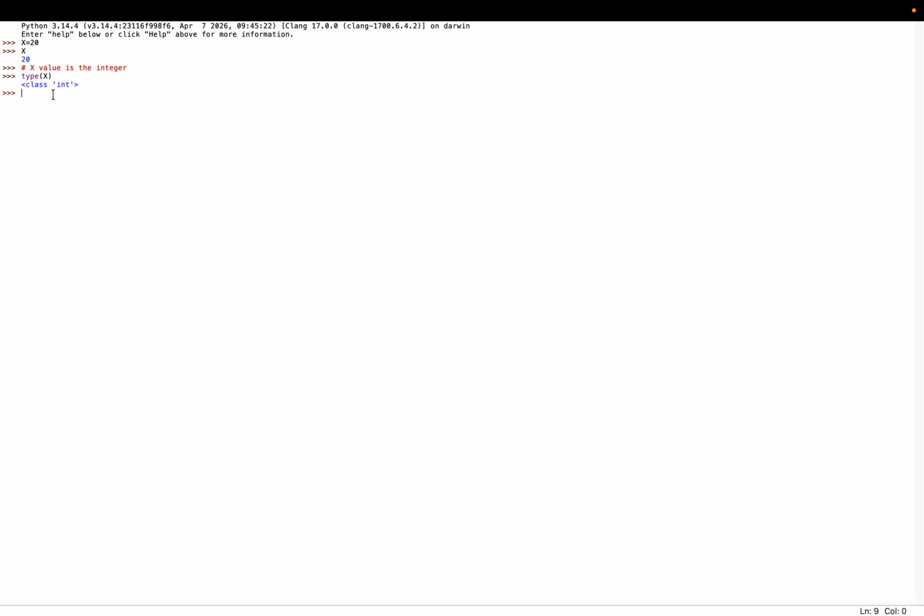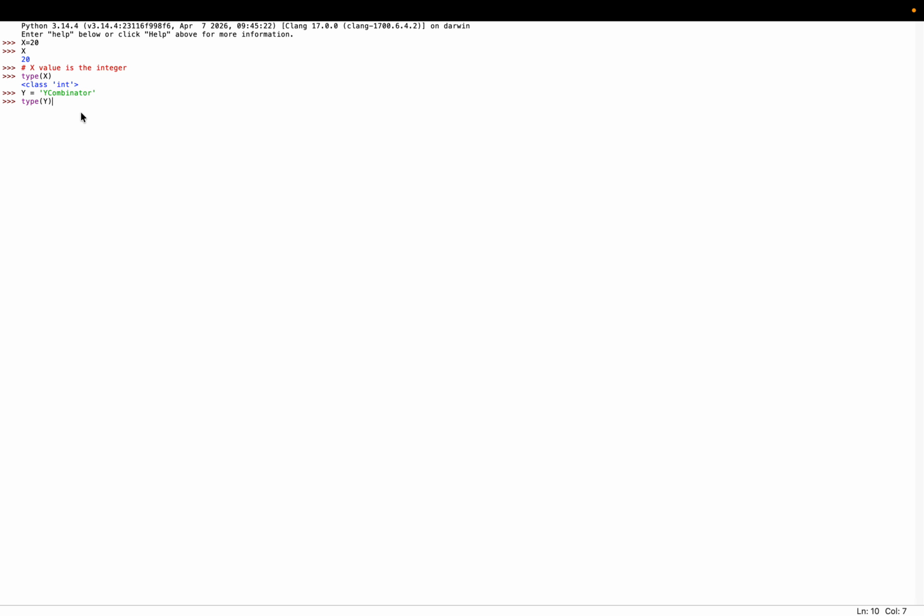In the same way, if I write y is equal to, so I can mention that y combinator. Here you can use single or double quotes, it is fine, not an issue. And what is the type for this one? Tell me fast, what type will come?